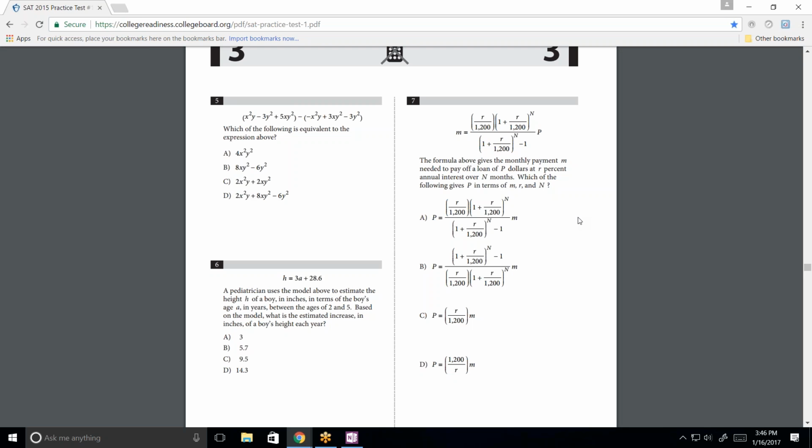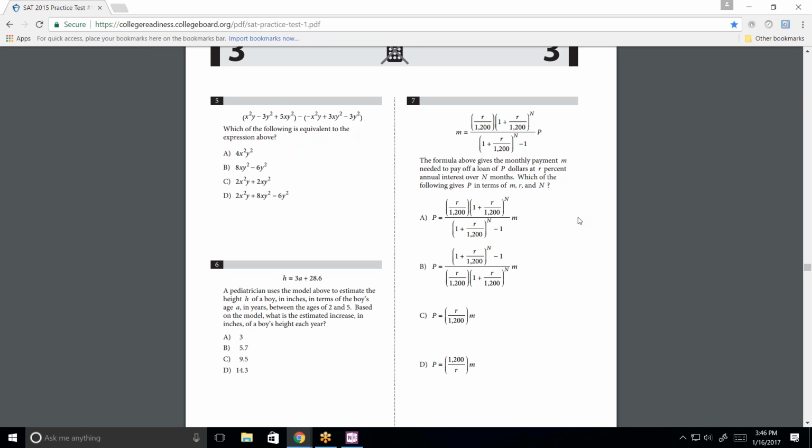Is it A? No. Remember, we're solving for P. So we're going to multiply both sides by the denominator and divide both sides by the numerator. So it's B. Yeah. Okay.